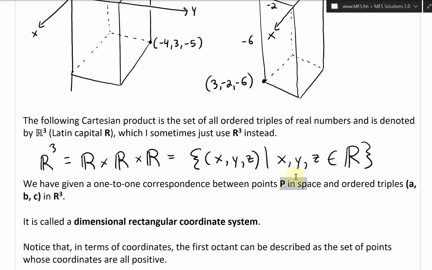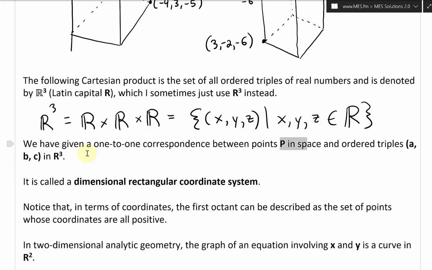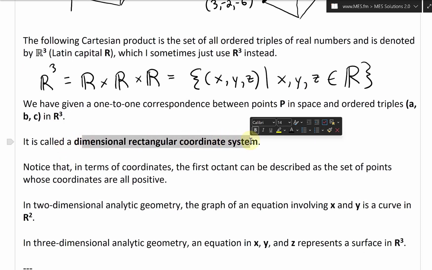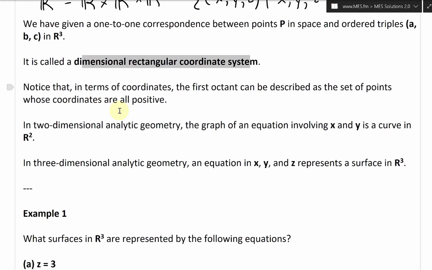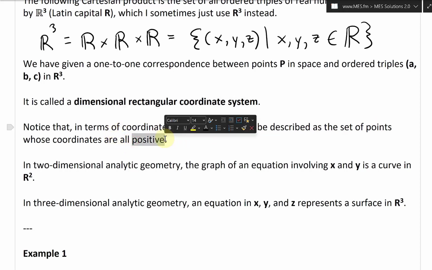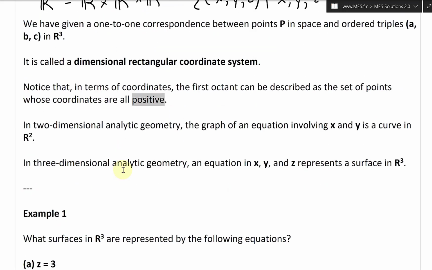So this is called a three-dimensional rectangular coordinate system. And notice that in terms of coordinates, the first octant can be described as the set of points whose coordinates are all positive. Remember, that's where all the positive axes are.